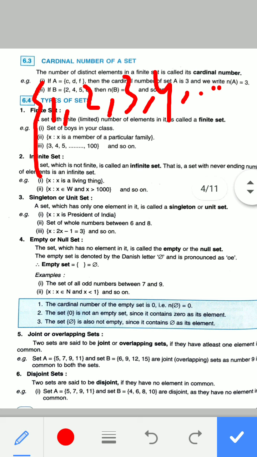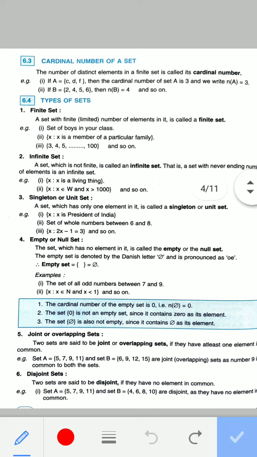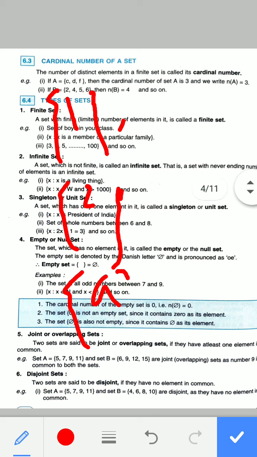The third one is singleton or unit set. A singleton set means only one element will be there. It may be 1, it may be 2 or A. All these are singleton sets. Now, empty set or null set.